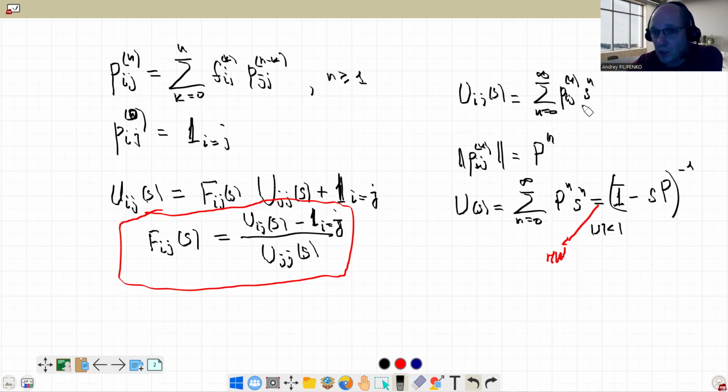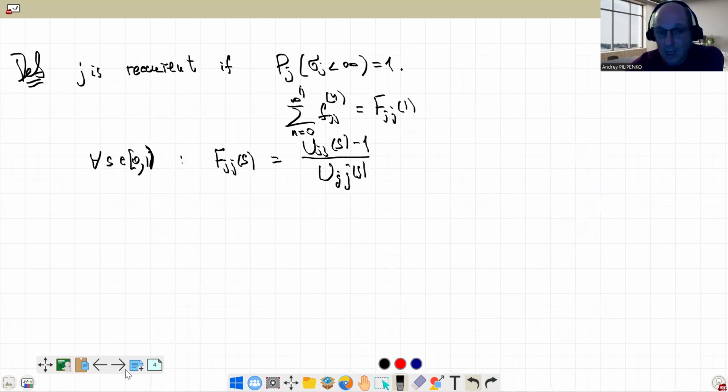So by the monotone convergence theorem, uij of 1 is equal to the limit of uij of s as s tends to 1 from below, and the same is for u. And if this sum is infinite, then the limit is infinite also. We know that fjj of 1 is finite, because it's less than 1. And it's equal to this limit by the monotone convergence theorem.